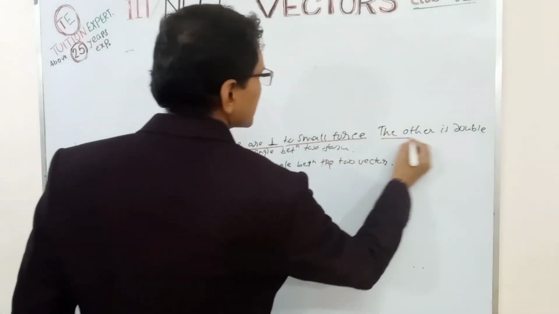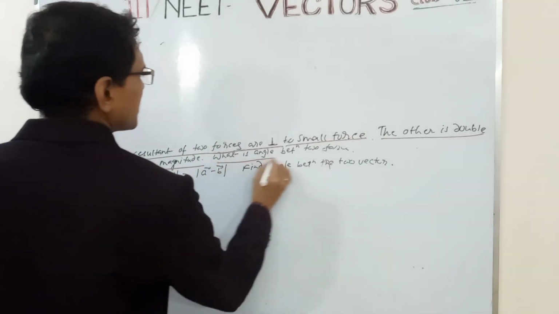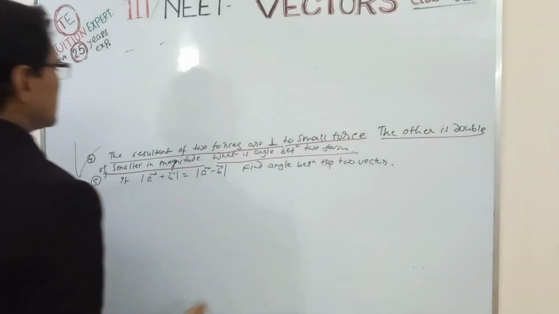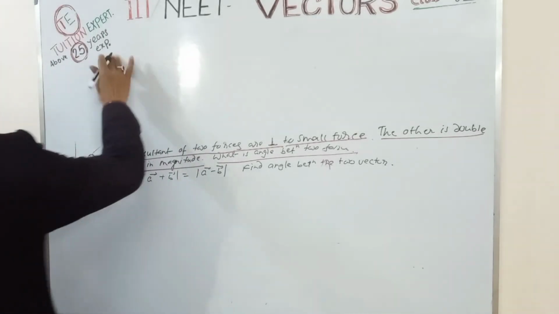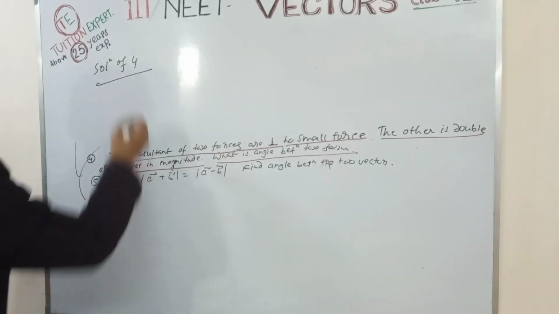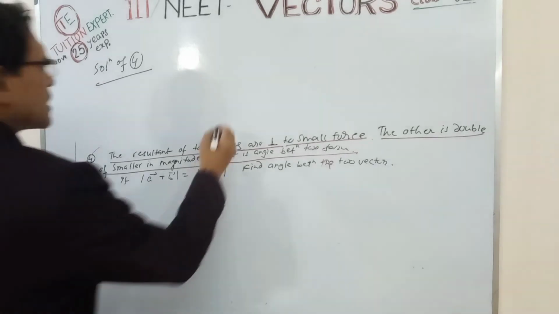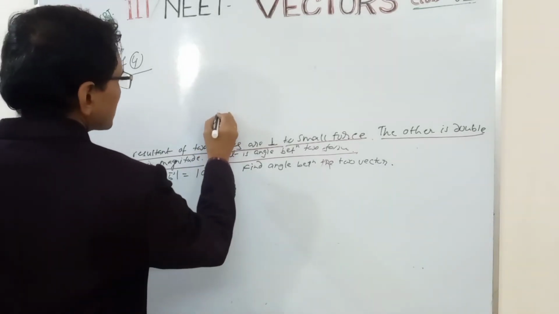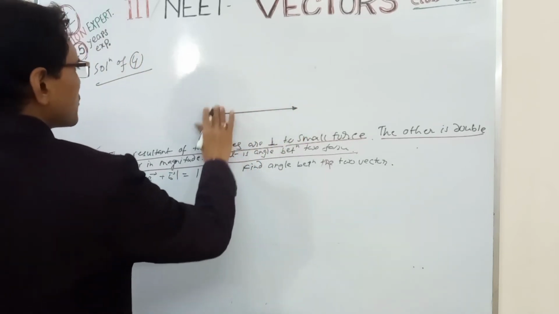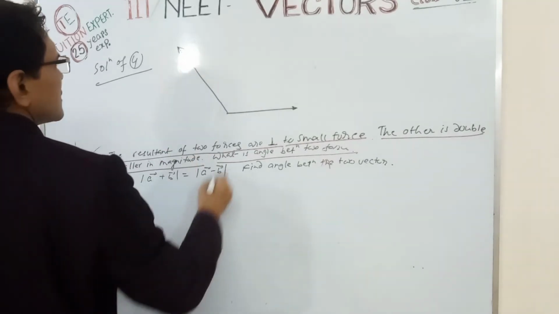The other force is double the smaller in magnitude. What is the angle between the two forces? So the resultant of two forces is perpendicular to the smaller force. Now we draw the picture. Suppose this is the smaller force, and this is the other force.